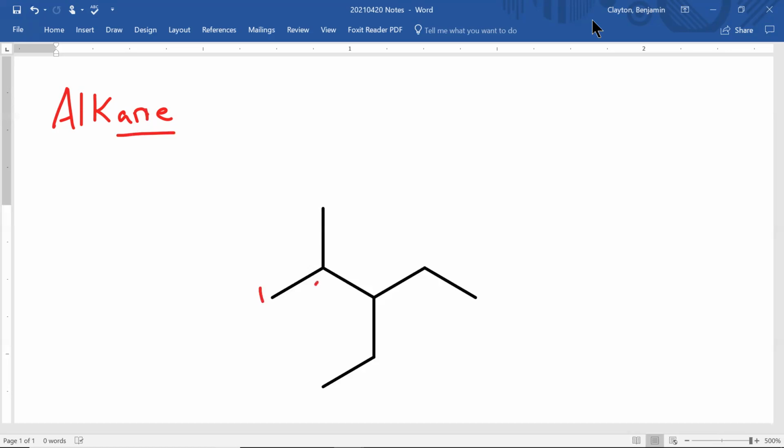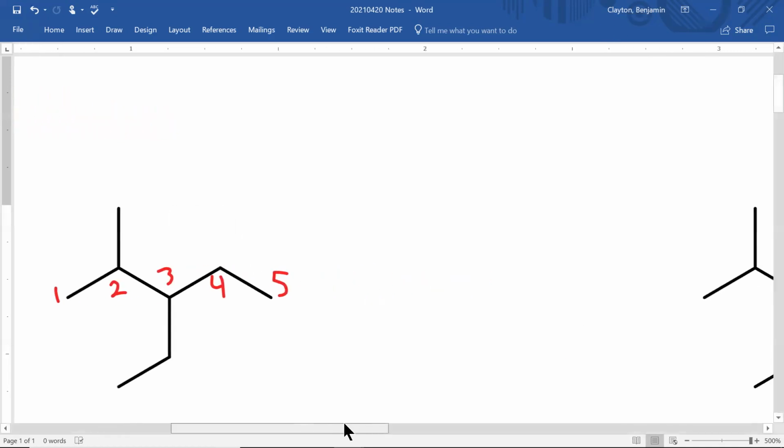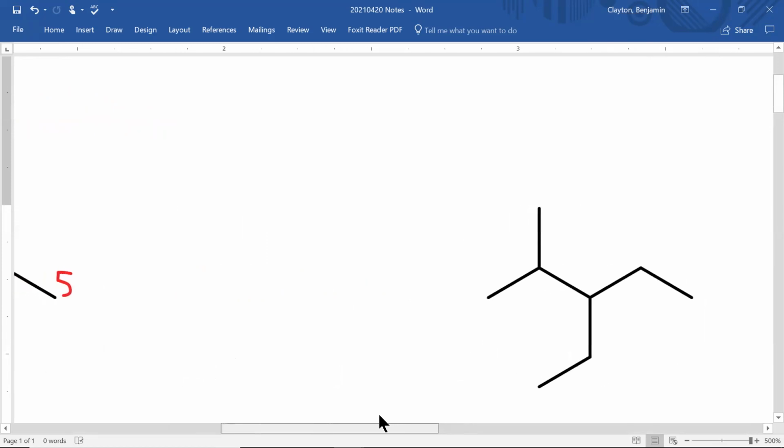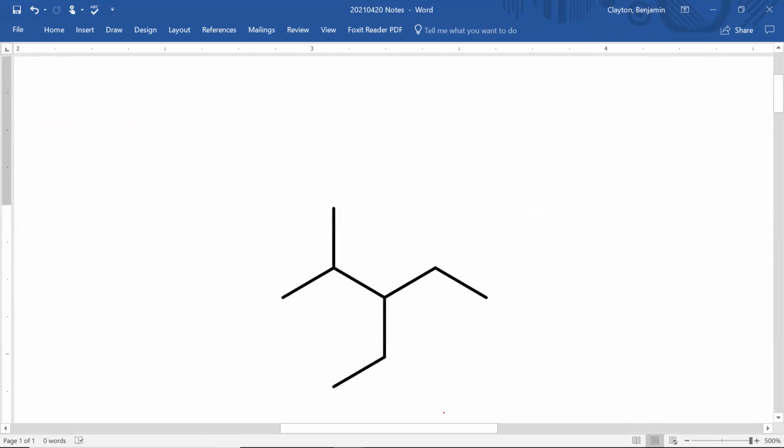Let me start discounting this one here. Okay, there's a 5-carbon chain. Let me just start from right here.